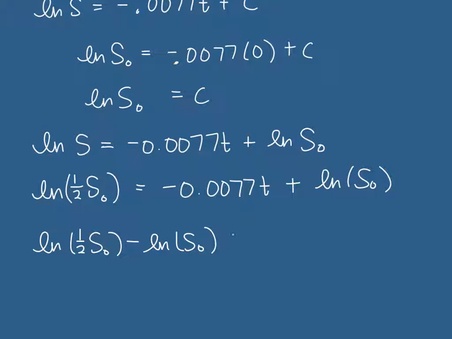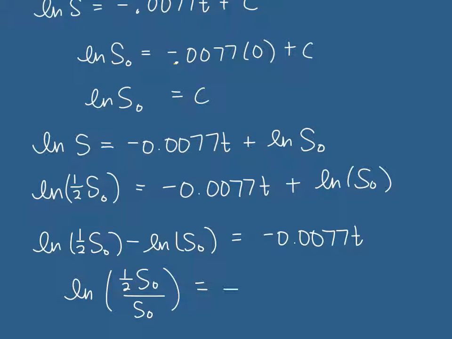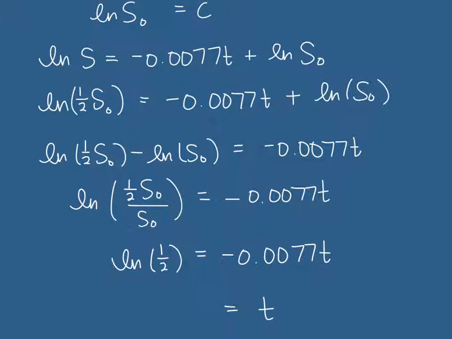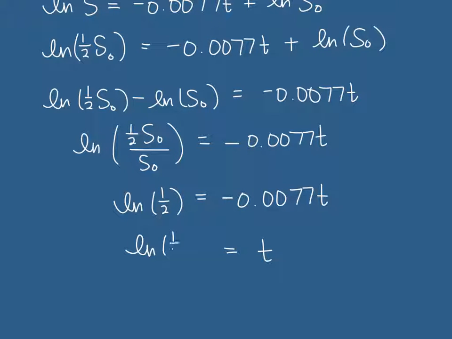Remember the property of subtracting natural logs? It's division: half of s sub 0 over s sub 0. And what gleefully happens to the s sub 0 terms? They reduce. So I'm left with the natural log of half equals negative 0.0077t. So time is equal to the natural log of half divided by negative 0.0077.